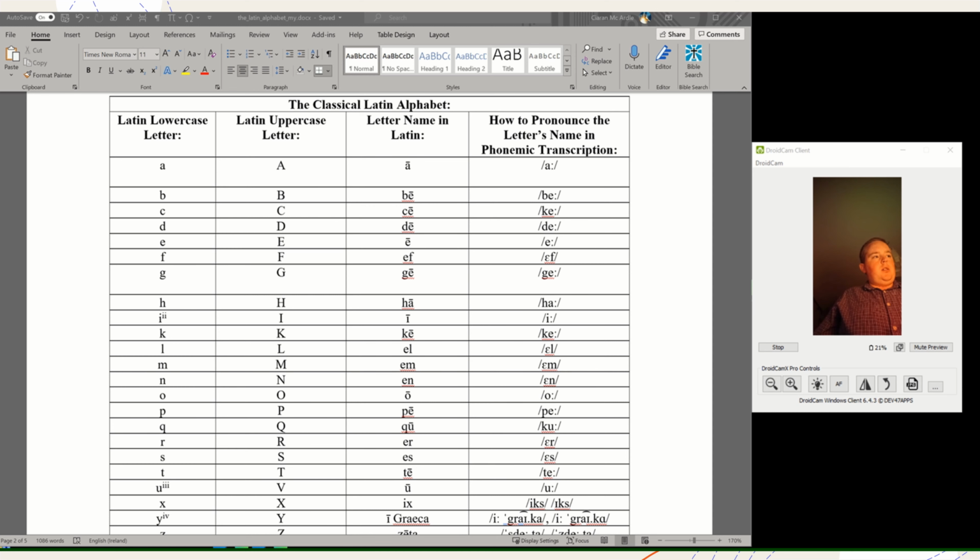Then we have L, M, N, O, and just a note for English speakers, I here am using the received pronunciation because I prefer it in my videos, but day to day I speak with an Irish accent. And a word of caution here, do not allow the received pronunciation to mess up your Latin pronunciation.